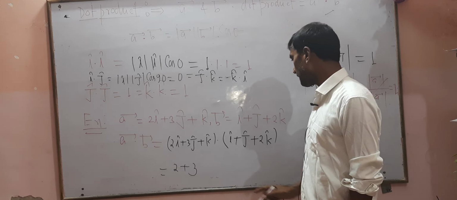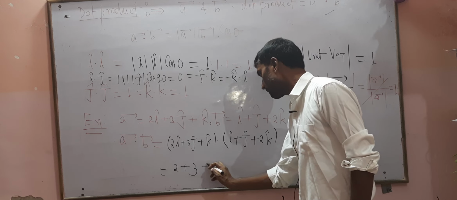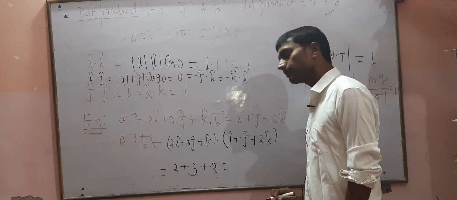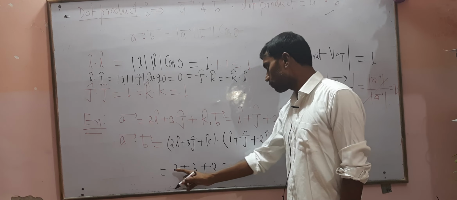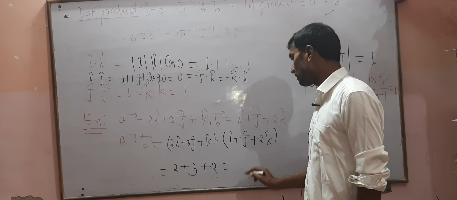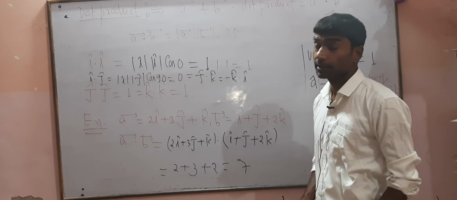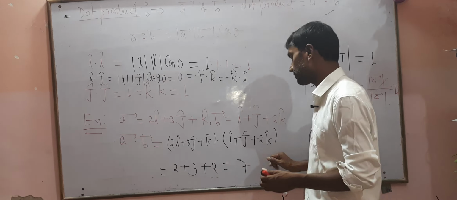Also k cap dot 2k cap equals 2. Any problem? So 2 plus 3 plus 2 equals 7. Implies that a dot b equals 7.